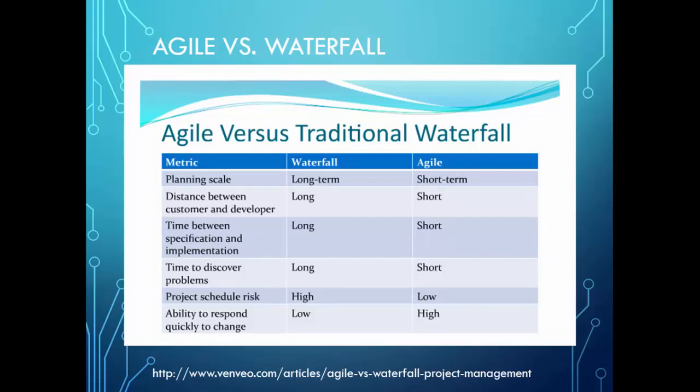The agile versus the traditional waterfall, you can see in this table, it talks about the differences between the agile and traditional waterfall. And you can see that with the agile, it's closer to the customer. You can capture their needs, you can actually get their feedback and adjust more frequently and better than the traditional waterfall.